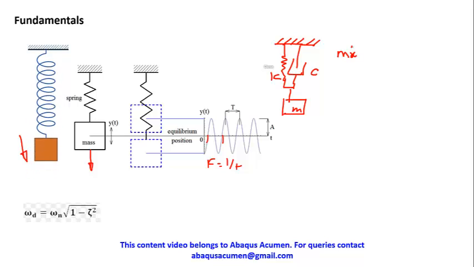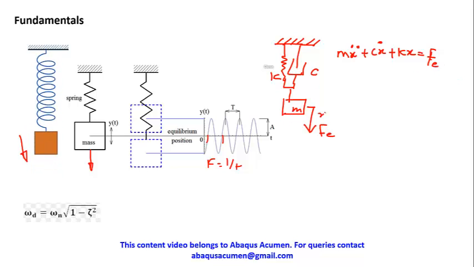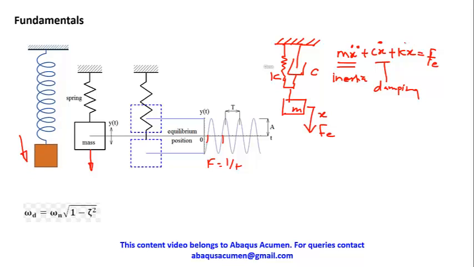So m x double dot plus c x dot plus k x is equal to force. If you have an external force, you move it by x, so m x double dot is called the inertia force, this is called your damping force, and this is nothing but the spring force.